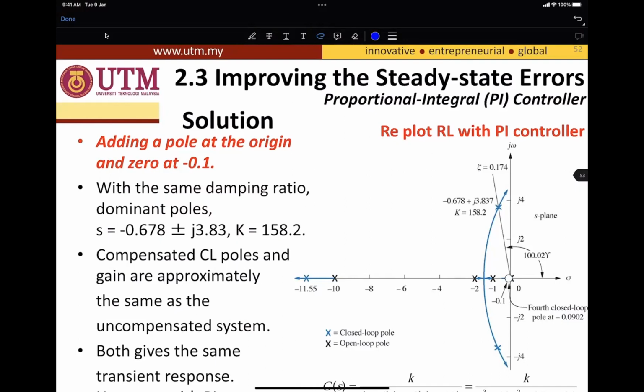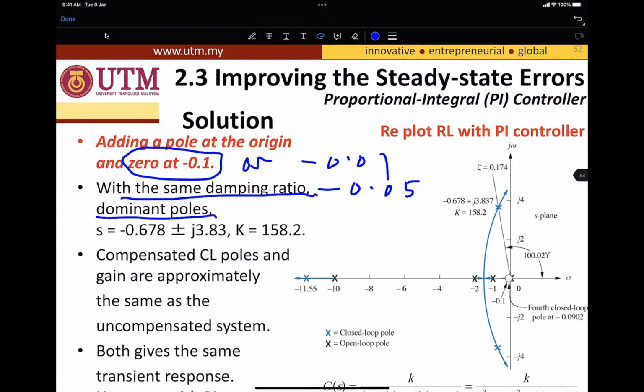In this example, we add a zero at minus 0.1, or minus 0.01, or minus 0.05. As long as the value is very, very small, I suggest using minus 0.01, with the same damping ratio and dominant pole.